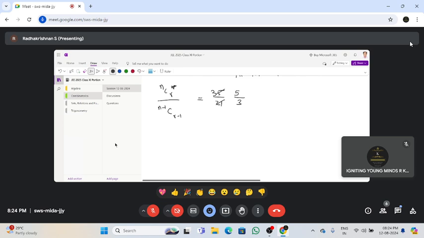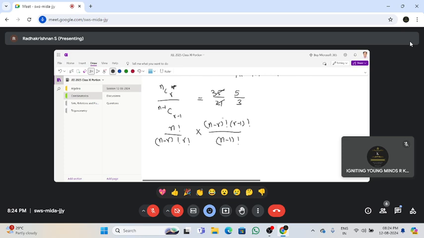So write the formula for NCR. Write the formula for n minus 1 CR minus 1. Straight away I'm writing in a reciprocal manner. Right?